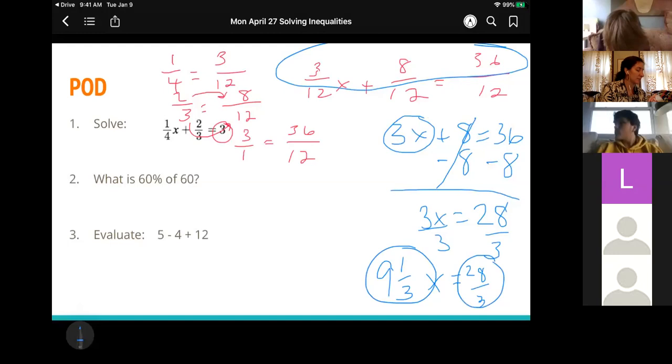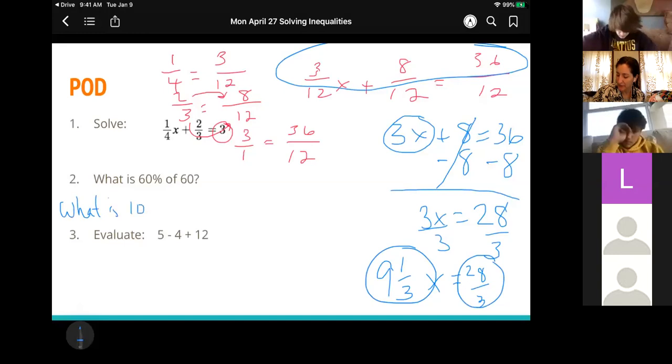Can somebody tell me what 10% of 60 is? Robbie, what's 10% of 60? Is it 6? Yeah. 10% of 60 is equal to 6.